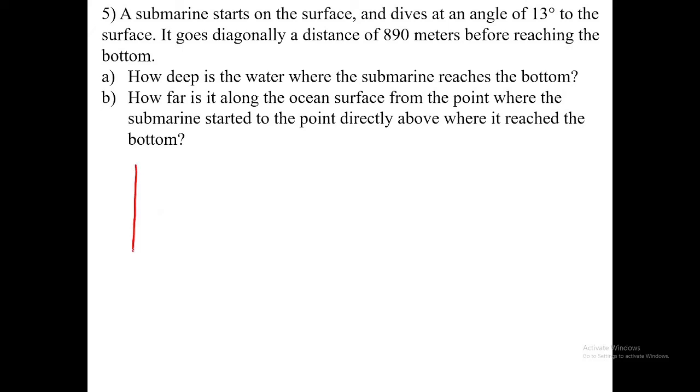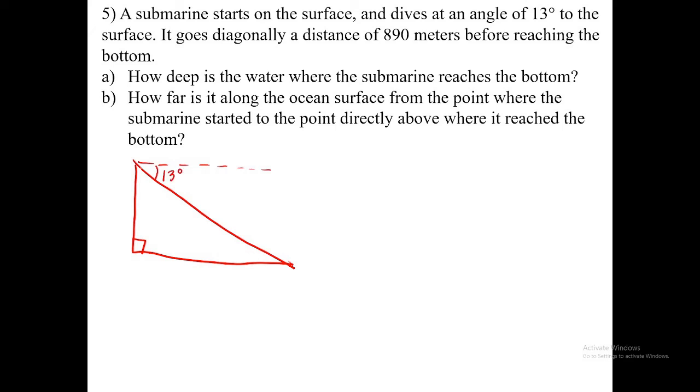For example, this is the triangle. There you go. This is our right triangle. A submarine starts on the surface. Here the submarine starts. It dives at an angle of 13 degrees to the surface. So meaning, if this is the surface of the water, this is 13 degrees.